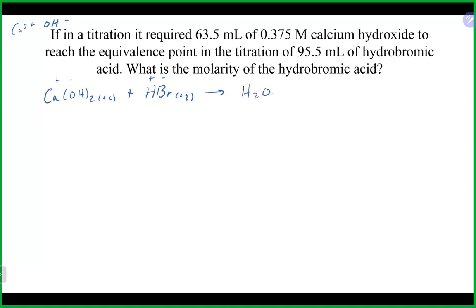So we will get water, again, as these two swap, and these two swap. So that is a calcium with a +2 charge and a bromide with a -1 charge. That gets us CaBr2 as our other product there.